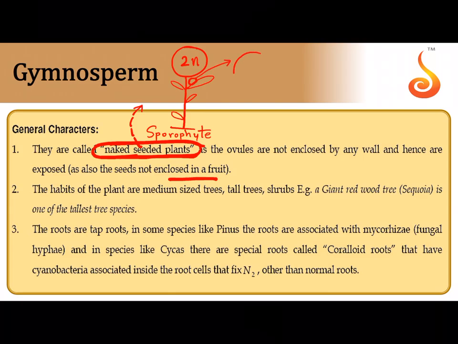This rounded structure is called sporangium. It's a vessel which has spores in it. Now in this sporangium there are cells. The cells are called spore mother cells.